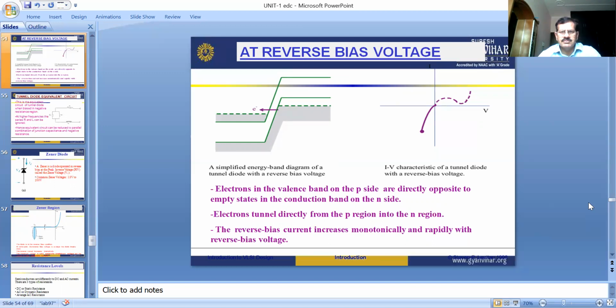Electrons in the valence band on the P side are directly opposite to empty states in the conduction band on the N side. Electrons tunnel directly from the P region into the N region. The reverse bias current increases monotonically and rapidly with reverse bias voltage. These are the conditions for reverse bias voltage of the tunnel diode.